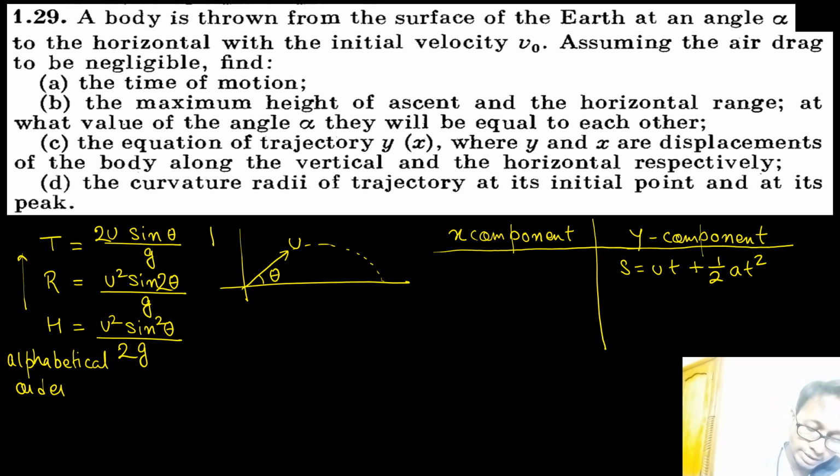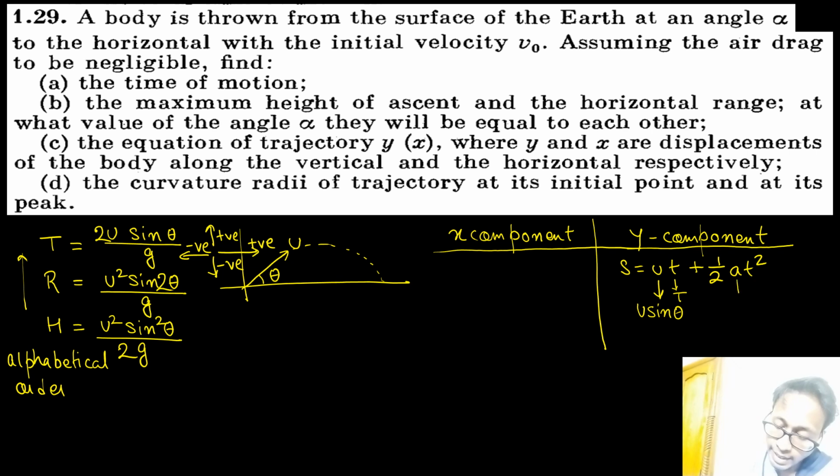Out here upside is positive, downside is negative, right side is positive and left side is negative. Whenever you are applying projectile motion, always assign the coordinate system before dealing with vectors. So u is nothing but u sin theta, t is the total time of flight, acceleration is g, and s, the displacement in the y direction, is 0.